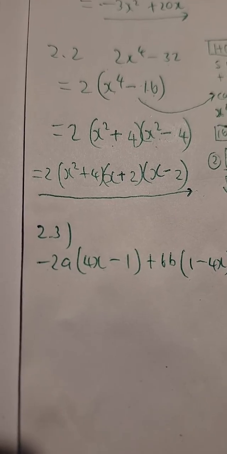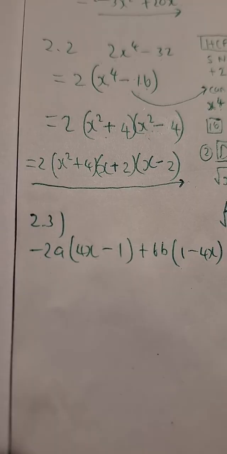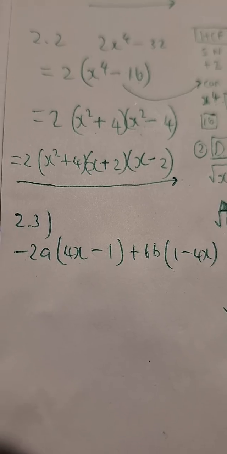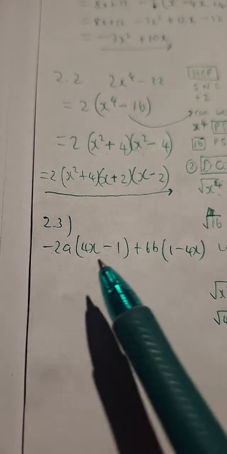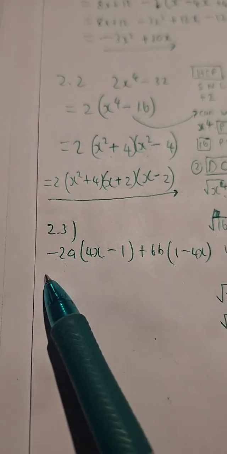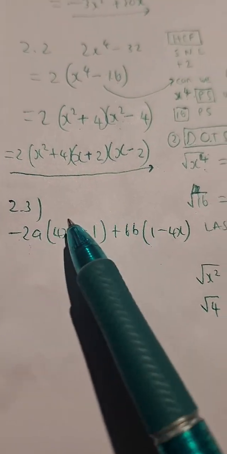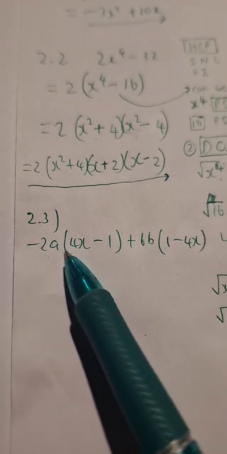Second question. Is there a highest common factor? Because we always ask ourselves that fundamental question. But before that, let's look at our terms, guys. There are 2 terms. This is our first term, remember. A bracket makes this become 1 term.